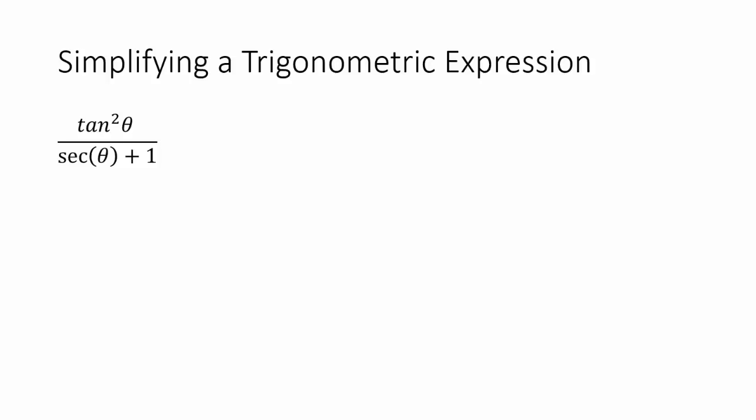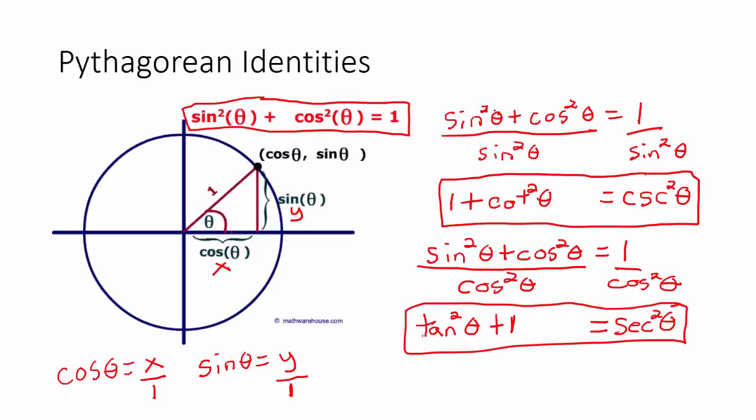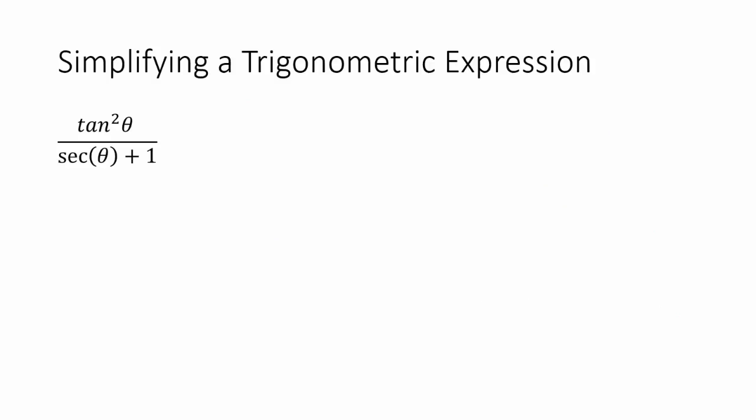My question is, can I substitute any other expression for tan squared of theta? If I flash back to the previous screen real quick, I know that tangent squared theta plus 1 is secant squared theta. That would imply that the tangent squared of theta equals the secant squared of theta minus 1. So I'm going to substitute in for tangent squared of theta the secant squared of theta minus 1.